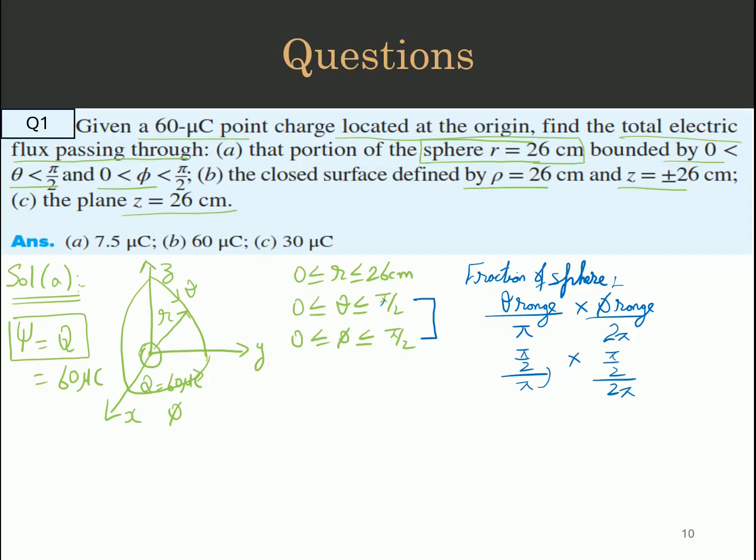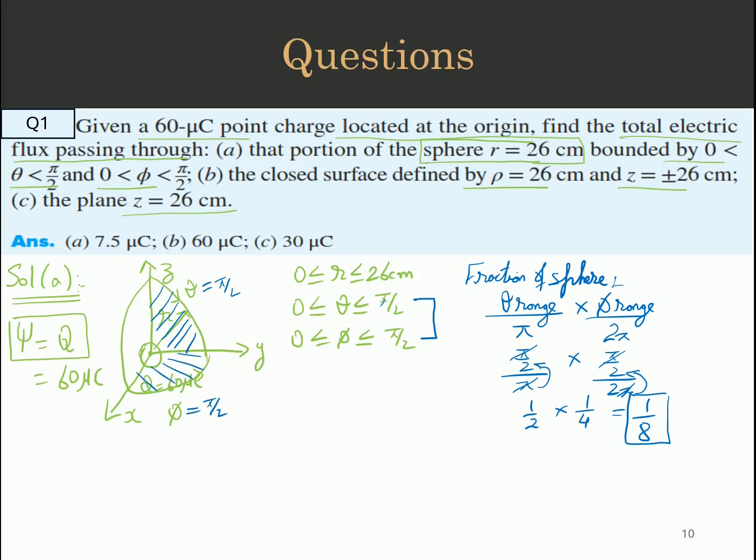This gives 1 by 2 multiplied by 1 by 4, hmm, after cancelling it is 1 by 4 for the phi part, so it is the 1/8 of the sphere. This is the portion I get for theta equal to pi by 2, and this is the region I get for phi equal to pi by 2.